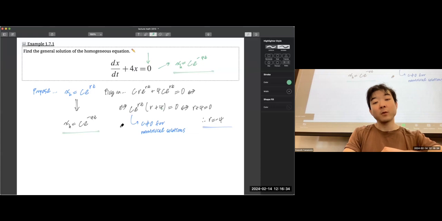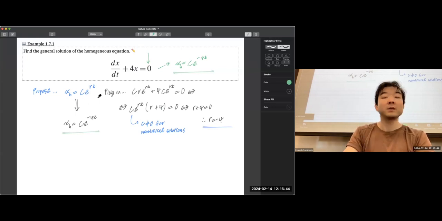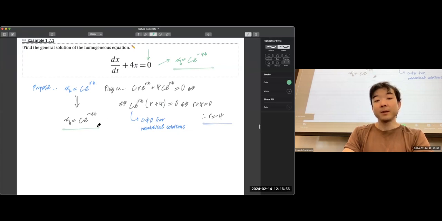R equal to -4 will be the other one. But c equal to 0 is not the interesting one, because then the homogeneous solution would just be equal to 0, and that's called the trivial solution. And that will always solve any of these differential equations. Any homogeneous equation could be solved by using 0 for your solution.